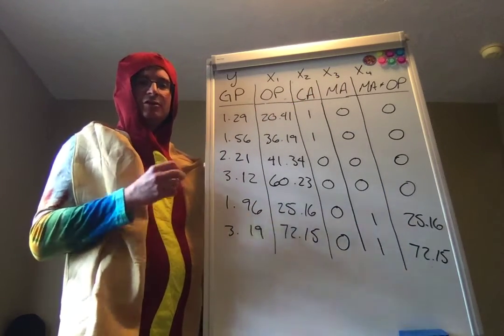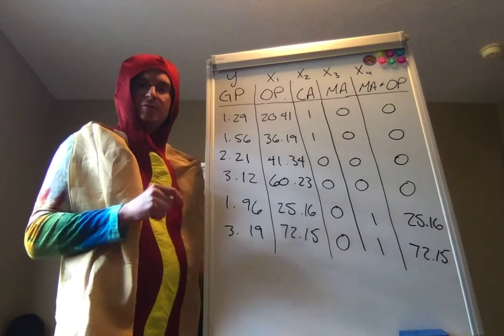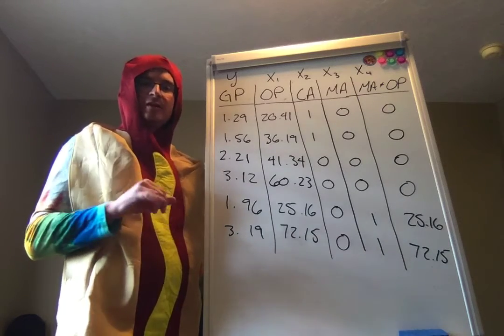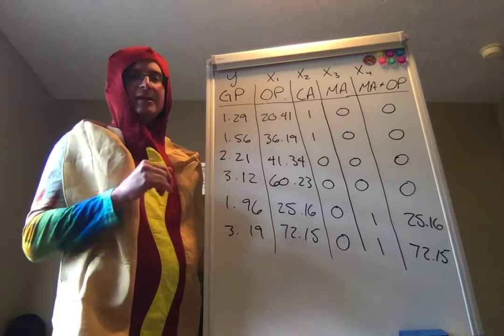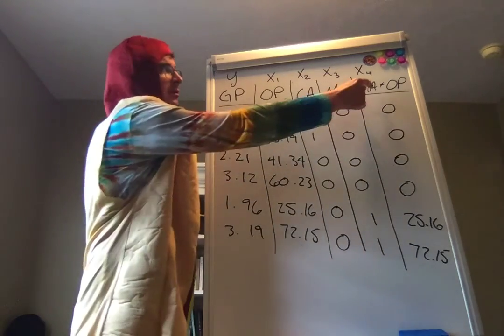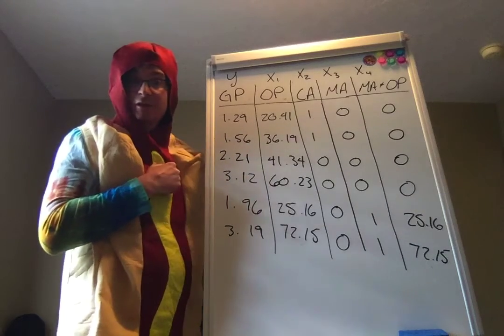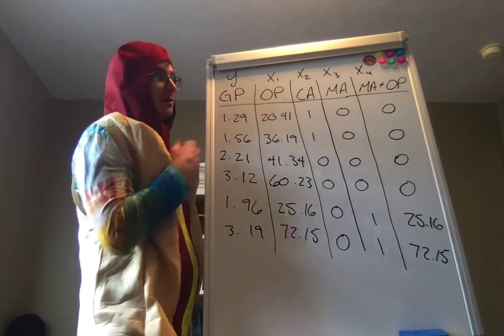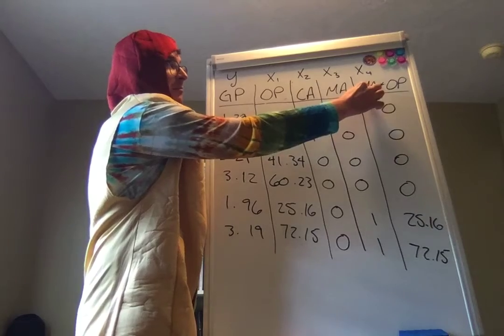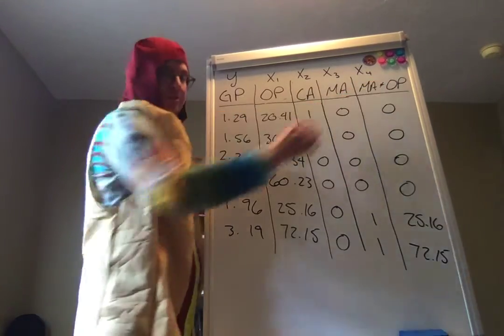I'm also going to introduce a new cool thing we can do with dummy variables today, which is called interaction. We can interact a dummy variable with another numerical variable, or really we could interact 2 dummy variables together. But in this case, I've taken Massachusetts times oil price.